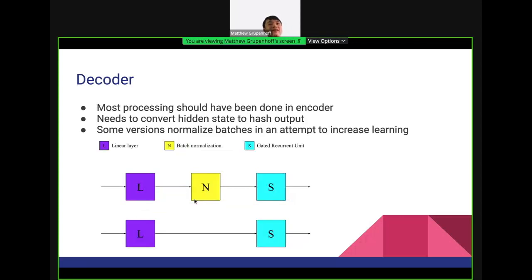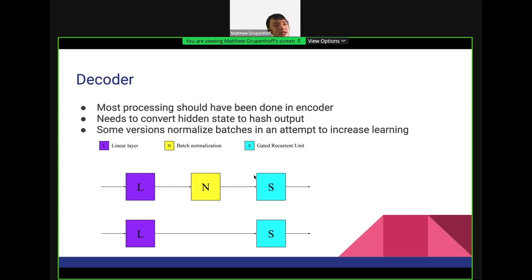On the other hand, the decoder is much simpler because we don't need the sequence output. There are two versions right here. It depends on which experiment we're doing, but in one kind of experiment, there's a linear layer which just converts that hidden state down to something else. Then it normalizes these so that when those are super small magnitudes, they can be more reasonable.